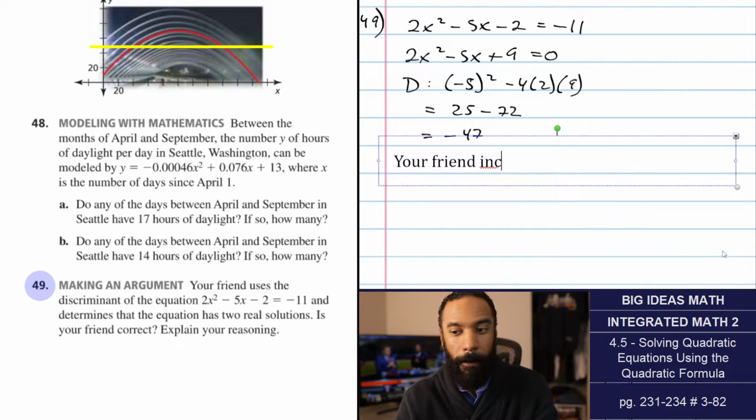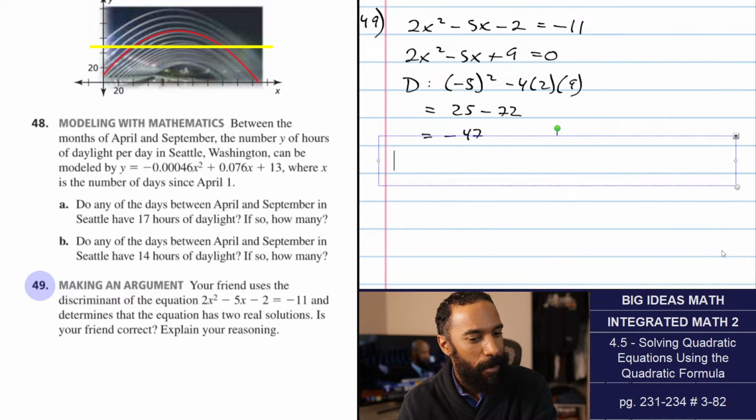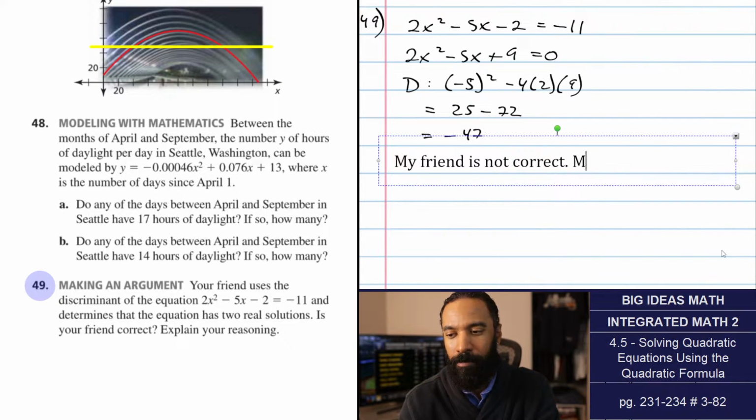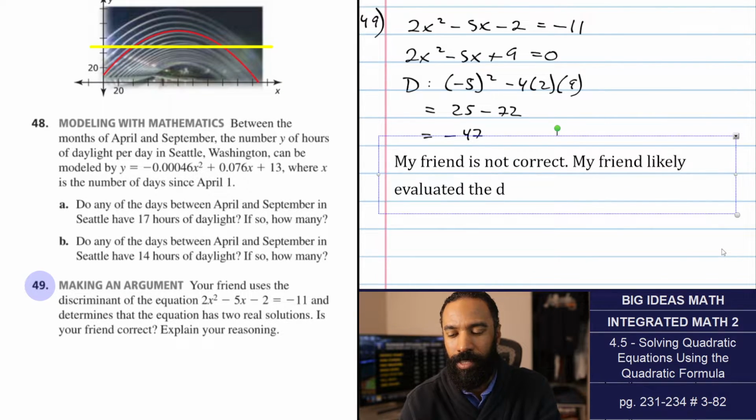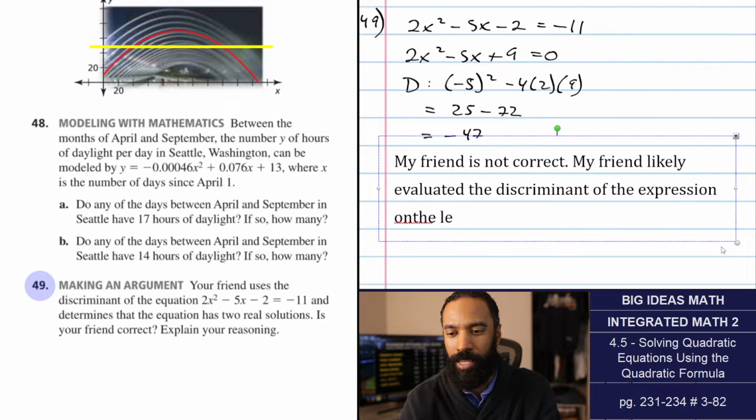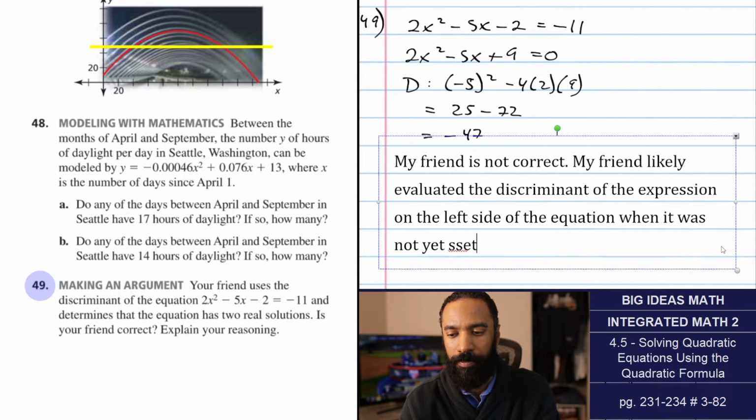Explain my reasoning. Friend should explain their reasoning. Wait, your friend is incorrect. Is my friend? My friend is not correct. Is it a he? I don't know, just my friend. My friend likely evaluated the discriminant of the expression on the left side of the equation when it was not yet set equal to 0.